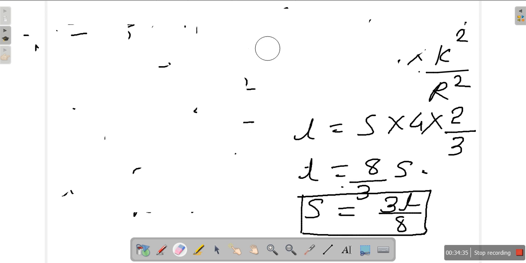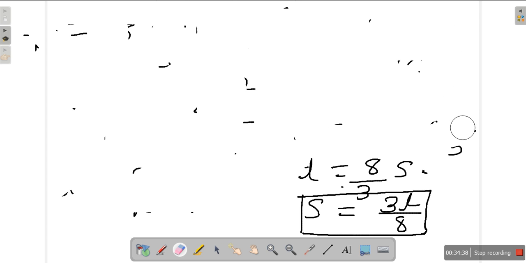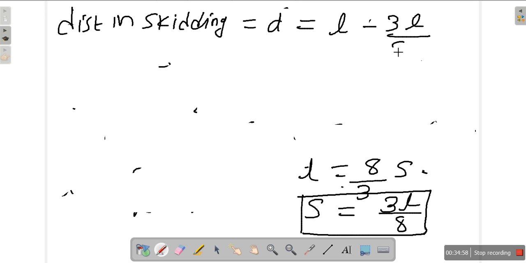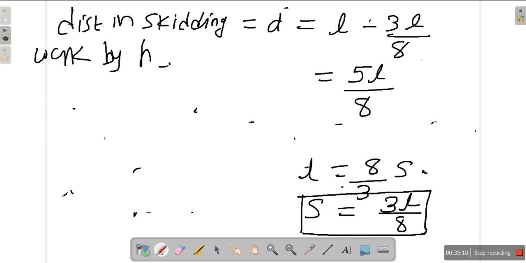Now out of a distance L, 3L upon 8 is spent in rolling. So the remaining distance must be spent in skidding, obviously. So what is the distance spent in skidding? So D is total distance minus distance spent in rolling, and that is 5L upon 8. So what is the work due to friction? The work by the friction will be F into D. What is F?